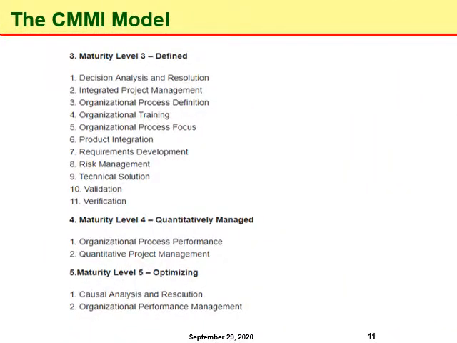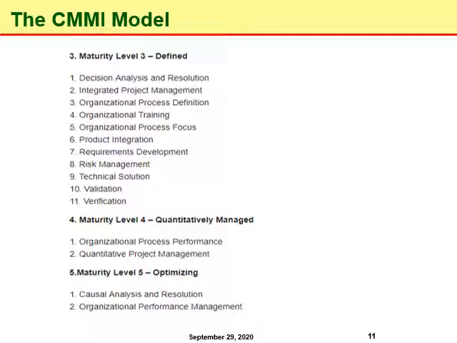Then at level 3, we see that there are also different key process areas, and these include decision analysis and resolution, integrated project management, organizational process definition, organizational training, organizational process focus, then product integration, requirements development, risk management, technical solution, validation, and verification.